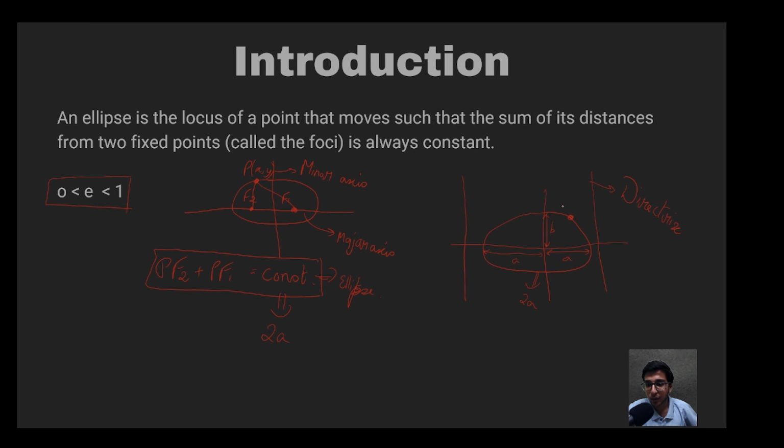If I take any point P and there's F, and I drop a perpendicular on the directrix and name this point M, and I join this line, then eccentricity is equal to PF by PM. And since this is an ellipse, we know E is from 0 to 1, that means PF will always be less than PM.